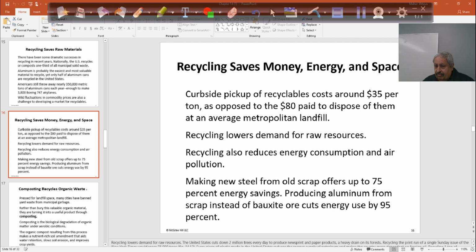Recycling lowers demand for raw resources. Recycling also reduces energy consumption and air pollution, and that's what I said. Dumping and burning every time is not good, because you pollute the air. You don't know what's inside this waste material, so you just burn it and hope for the best.